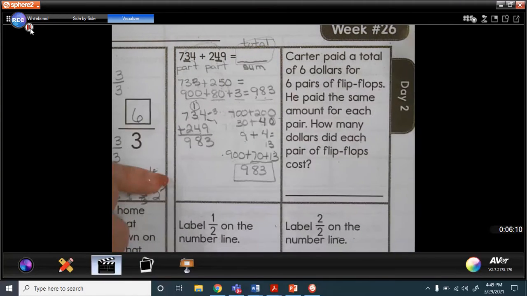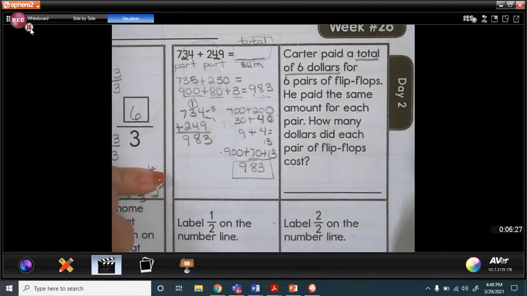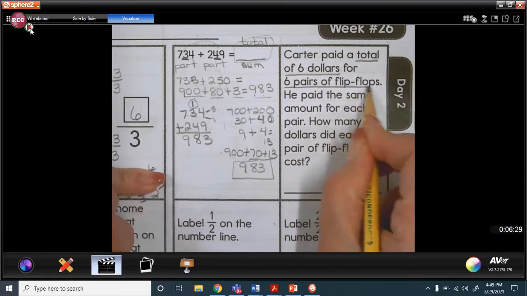Okay, let's take a look at this word problem. Carter paid a total of $6 for 6 pairs of flip-flops. He paid the same amount for each pair. How many dollars did each pair of flip-flops cost? So we have our total and we have 6 pairs of flip-flops.